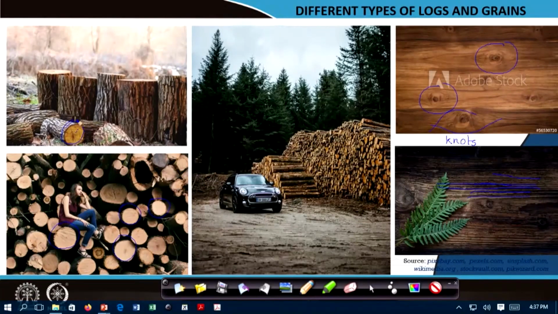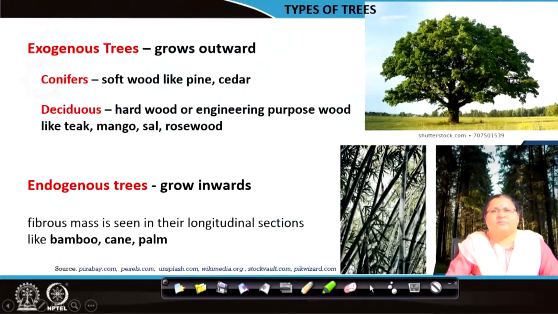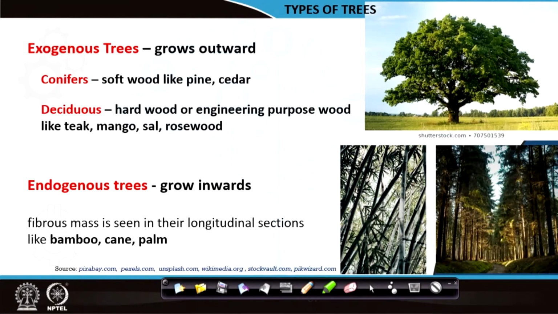Maybe it will be much clearer in the next picture, the next discussion, because we have different types of trees. You see highlighted in red exogenous trees and endogenous trees. Under exogenous trees, we have the conifers and the deciduous. The picture at the top is a deciduous tree, whereas the picture below it is the coniferous tree.